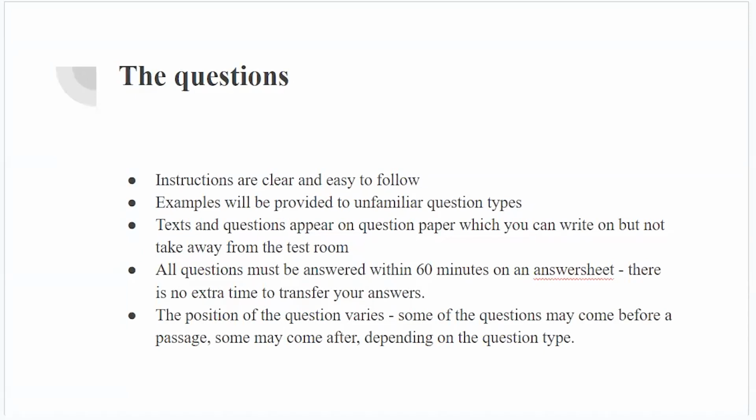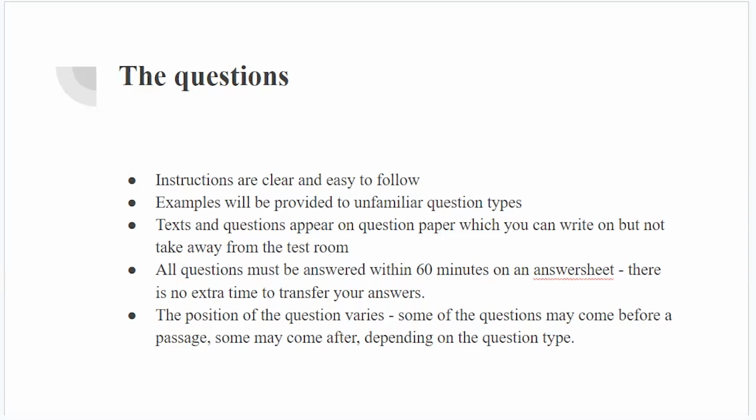Next, the text and questions appear on the question paper, which you can write on but not take away from the test room. For reading, you get the questions in the question paper, on which you can write, but you cannot take it away from the test room.